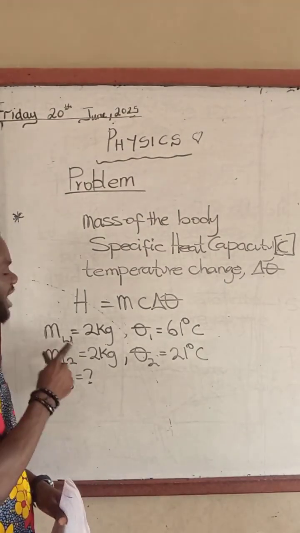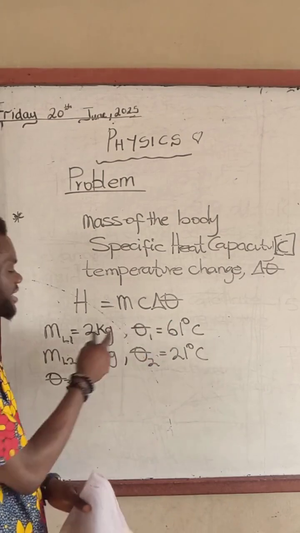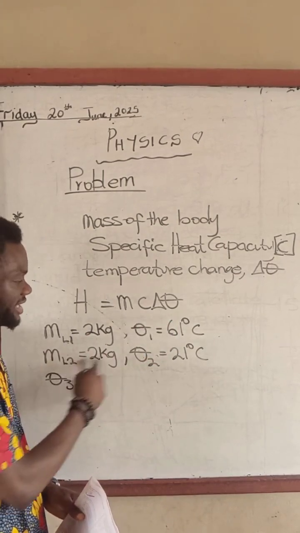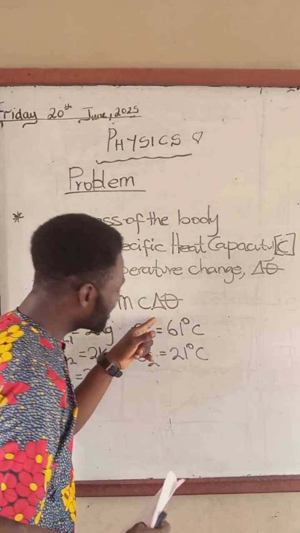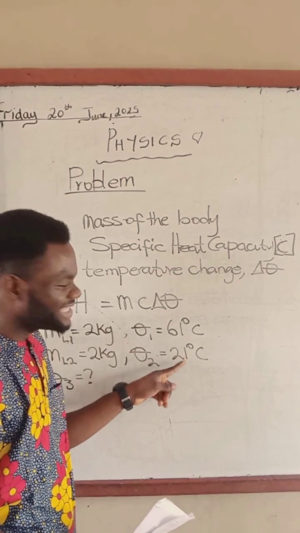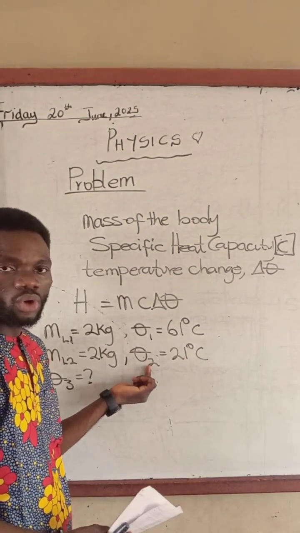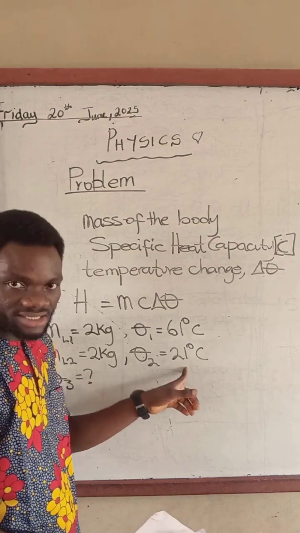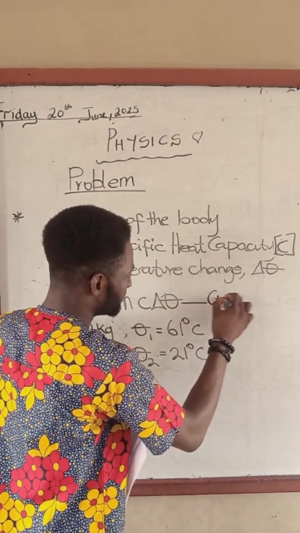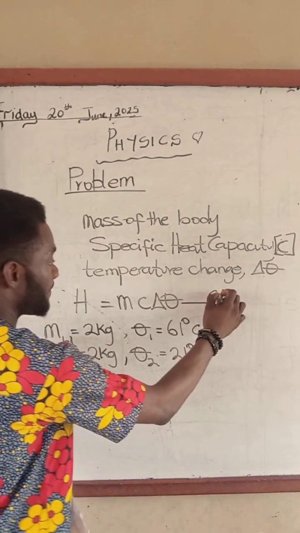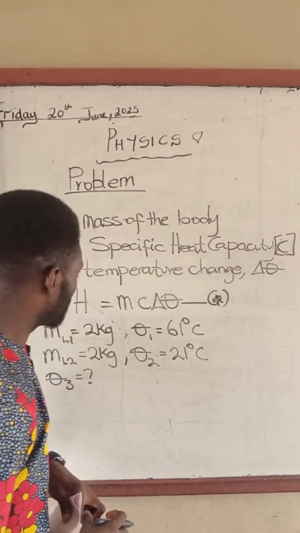Between liquid 1 and liquid 2, they have the same mass, but their initial temperatures differ. So we see that liquid 1 is the one that is losing heat, while liquid 2 is the one that is gaining heat. Now from this formula, I'm going to call this one equation star.